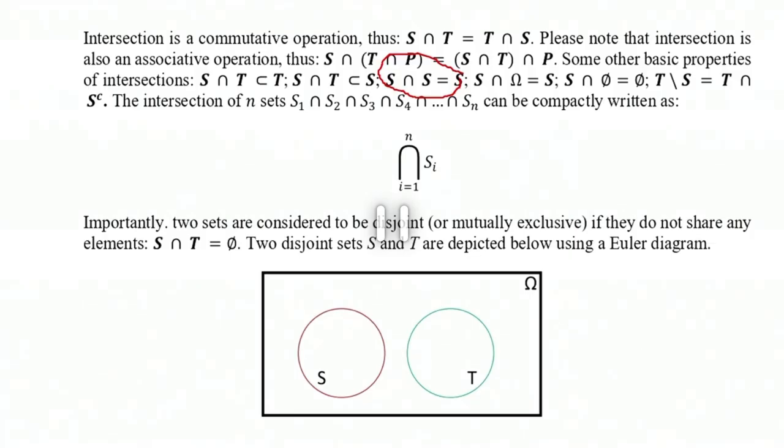When you talk about the intersection of a set S, what is common between set S and an empty set?